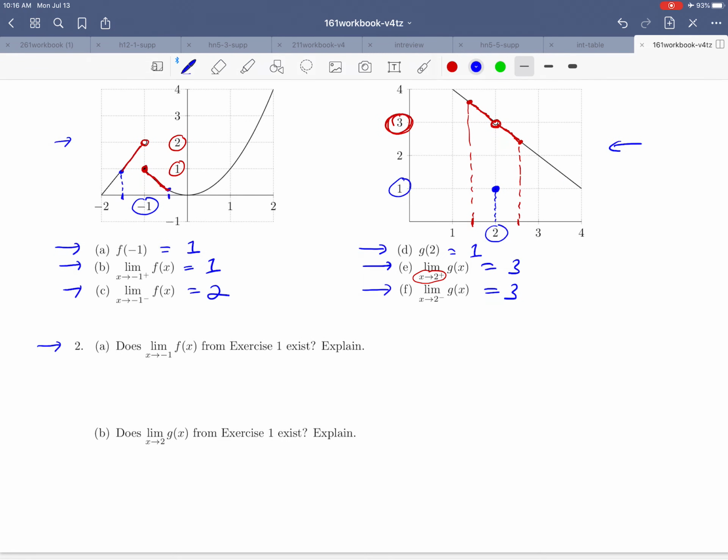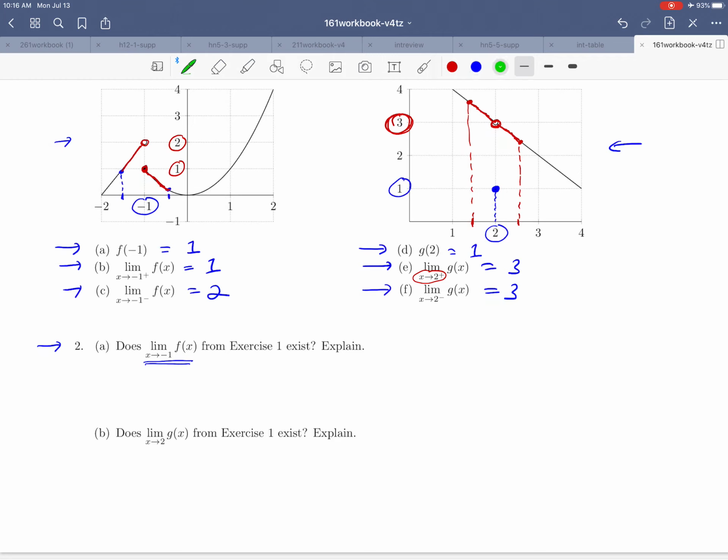Okay, so part A asks, does the limit as x approaches -1 of f of x from exercise 1 exist? Okay, and this limit, again, is what we're calling a two-sided limit. We've talked about how that will exist if we get the same number as we approach -1 from the right and the left. Do we get the same number?